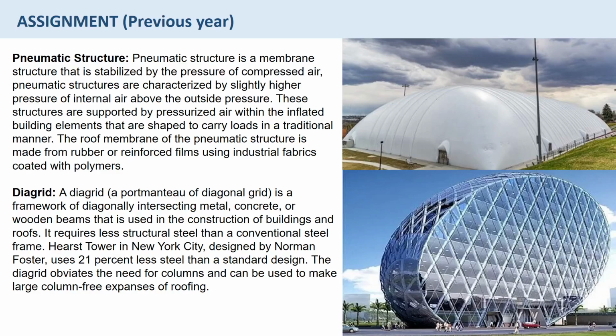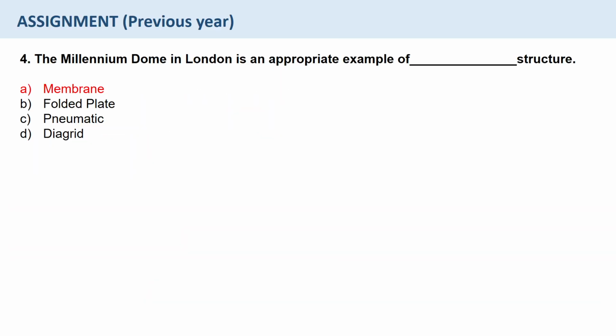It requires less structural steel than a conventional steel frame. The Hearst Tower in New York City is an example of a diagrid structure. It was designed by Norman Foster. It uses 21% less steel than a standard design. The diagrid obviates the need for columns and can be used to make large column-free expanses of roofing.